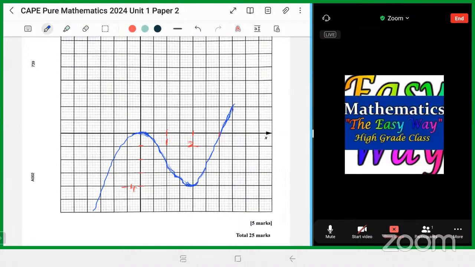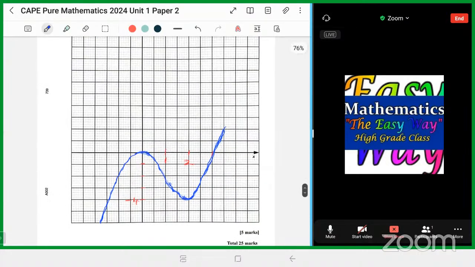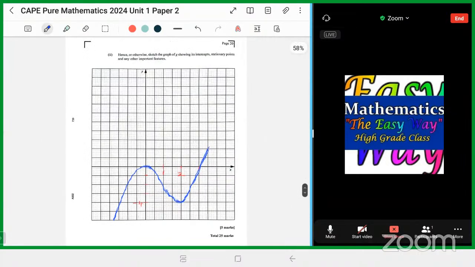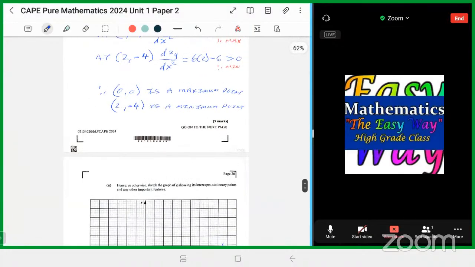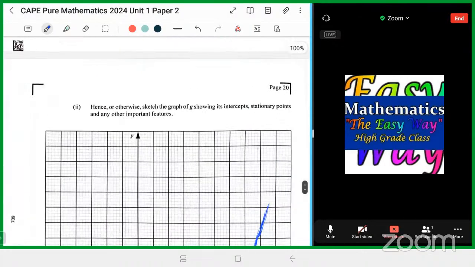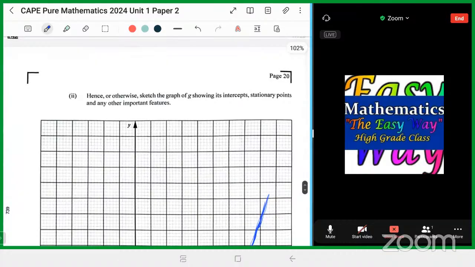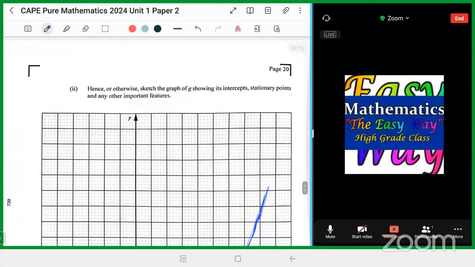What about the rest of it? All right, I'm going to show it across the x-axis, y-axis, turning points. Not putting on anything else. Draw that going up, so I'm not putting on anything else. All right, and let's say inside I sketch a graph showing its intercepts.